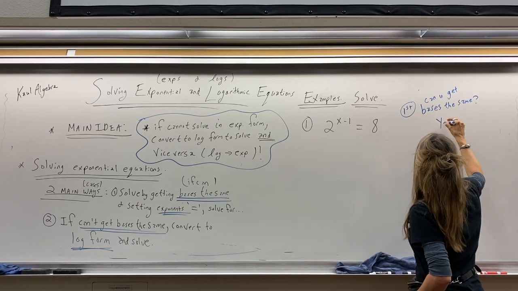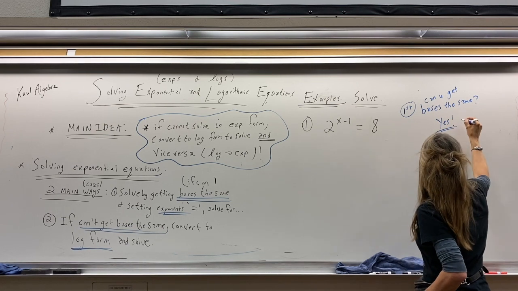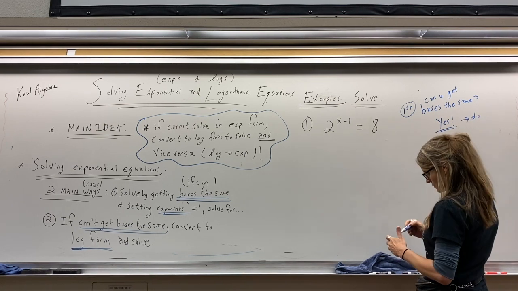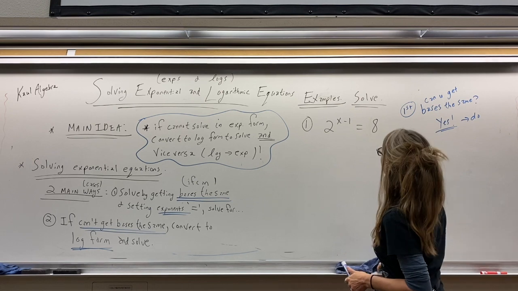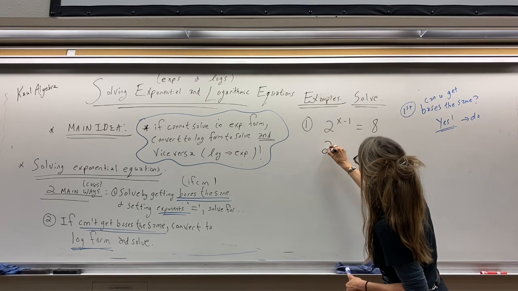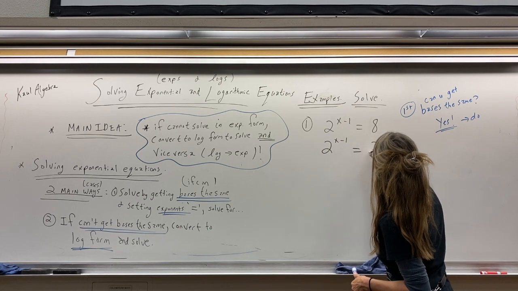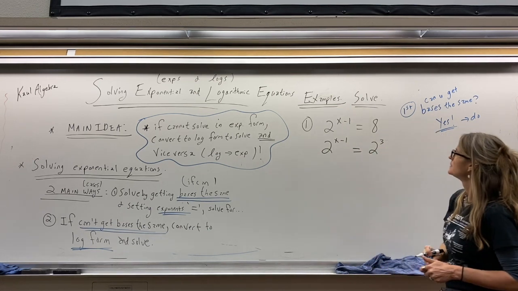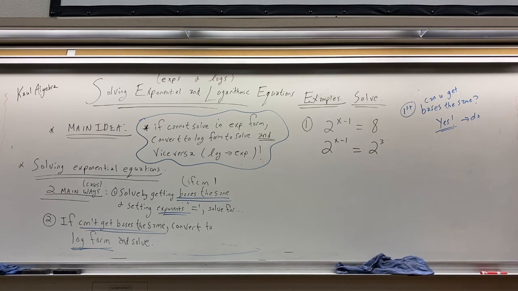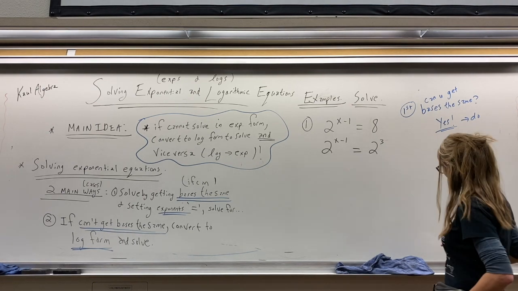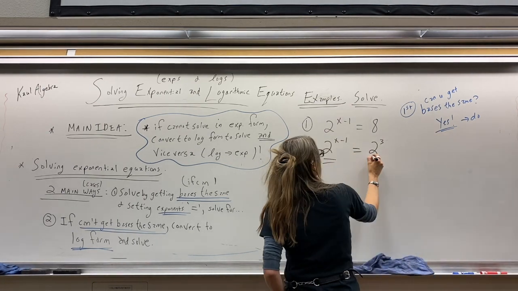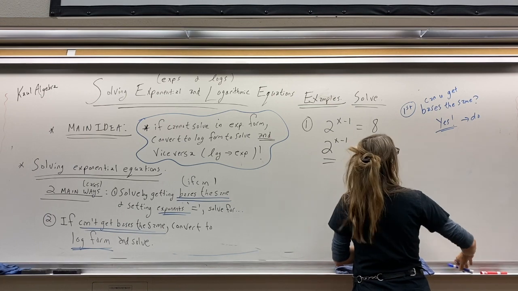And the answer is yes. So as a preview, I'm going to say 2 to the x minus 1 is the same as 2 to the third power, because 8 is expressed as the third power. And once my bases are the same, then I can set my exponents equal.